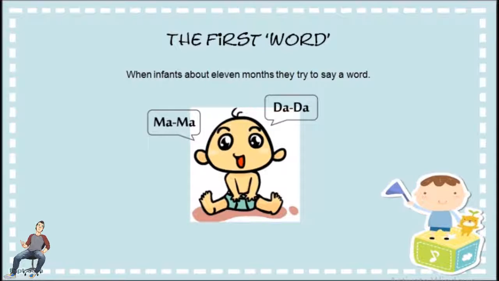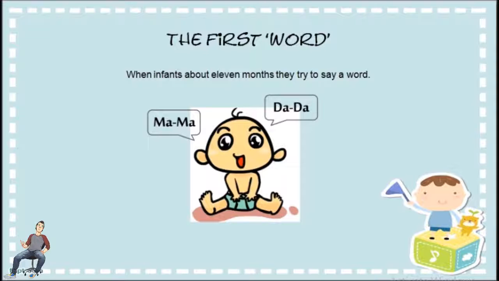And the second one is the first word. The babies, at about 11 months, or the infants, try to say a word like calling their parents. For example, when babies are crying, they try to call their mother by saying mama.